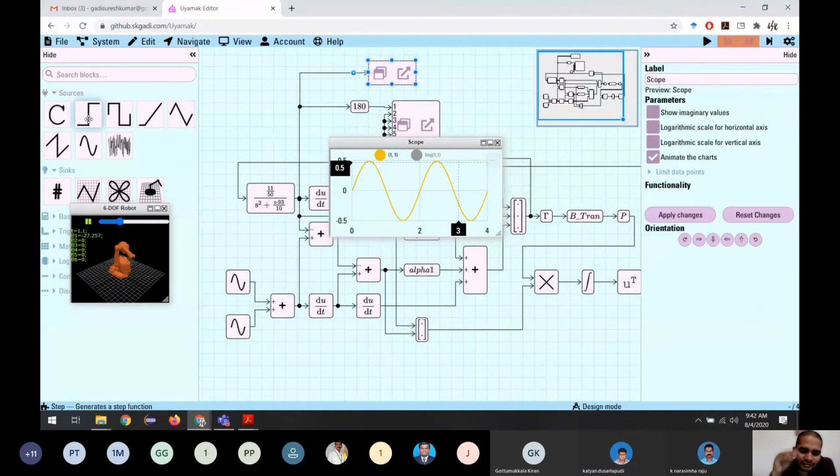The derivative of a step is the Dirac delta function, or we can say an impulse signal, which goes to an infinite value at 0 time. So we don't want those things to happen. If we have a square wave, its first derivative also goes to infinity. If you see this triangular wave, its first derivative is not going to infinity, but the second derivative is going to infinity.